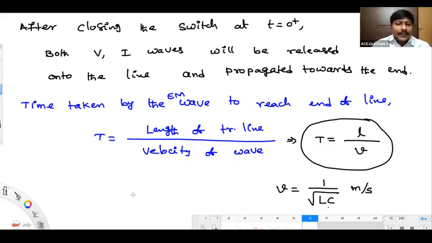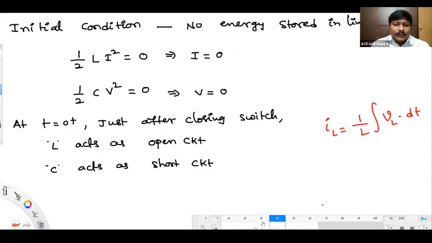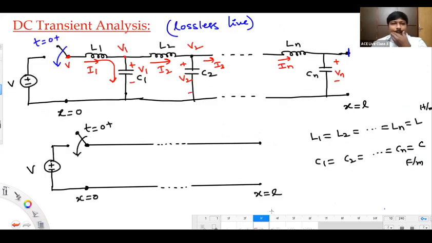I think all of you are understanding this. Okay, next thing, let's continue. Strictly speaking, just after closing the switch at time t equals 0 plus, the voltage and current waves are moving.